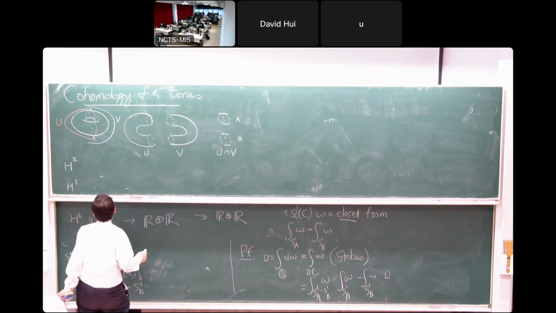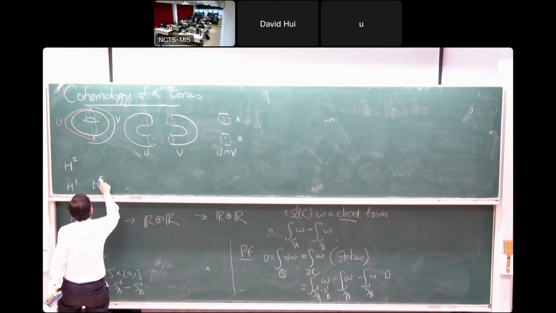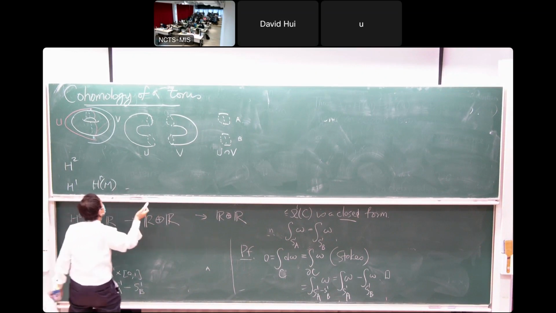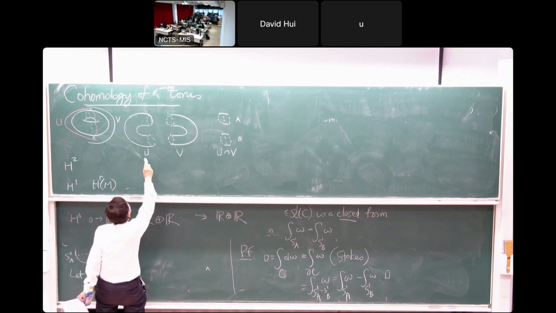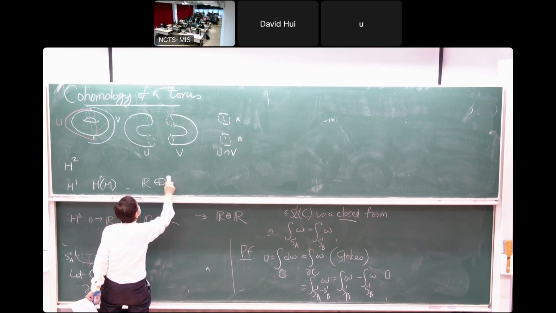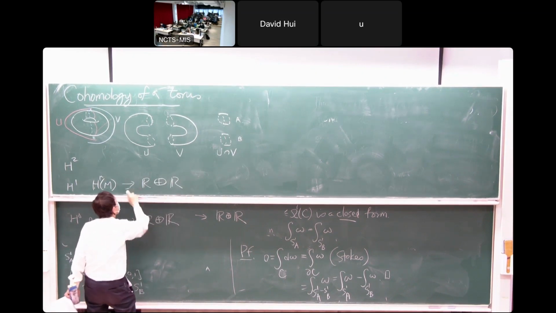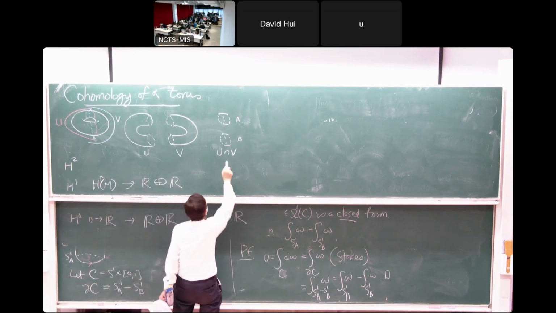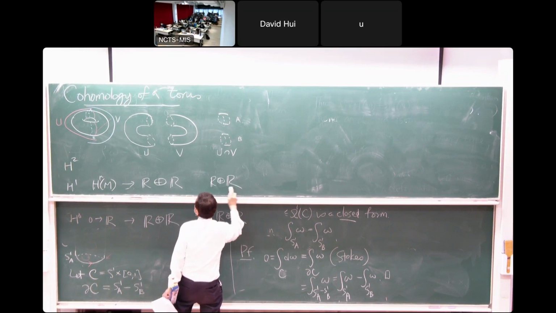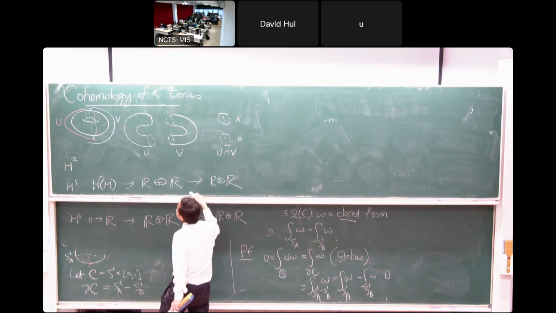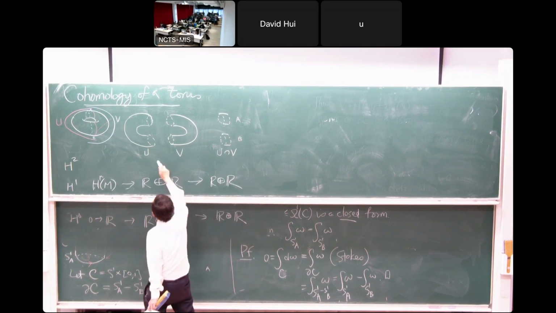And in H1, we don't know the H1 of the torus. H1 of U, that's a cylinder, so it's R plus R. Here there are two cylinders, so it's R plus R. And then in H2, you have 0 here.